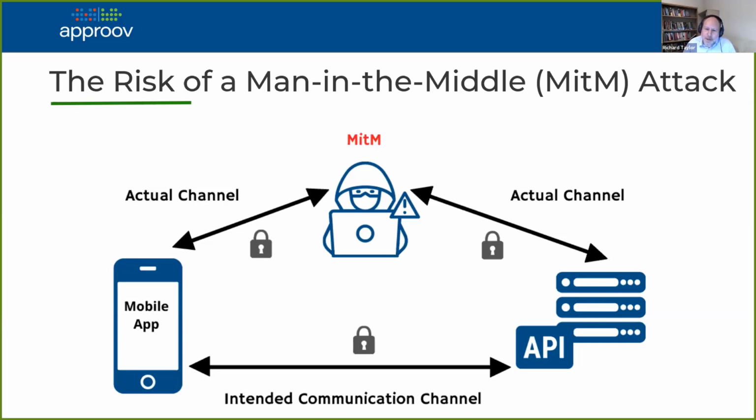There are a couple of different variants to this. There's a variant when it's genuinely a man-in-the-middle that has no access to the mobile app. And there's also a variant where the man-in-the-middle might also be controlling the app as well, or controlling the environment that the app is running in.